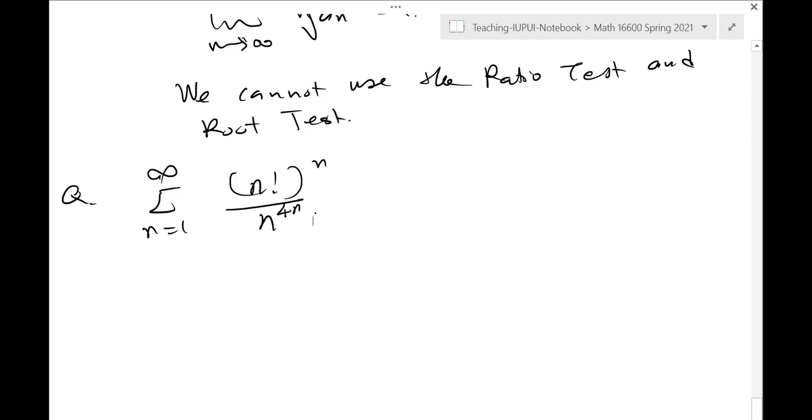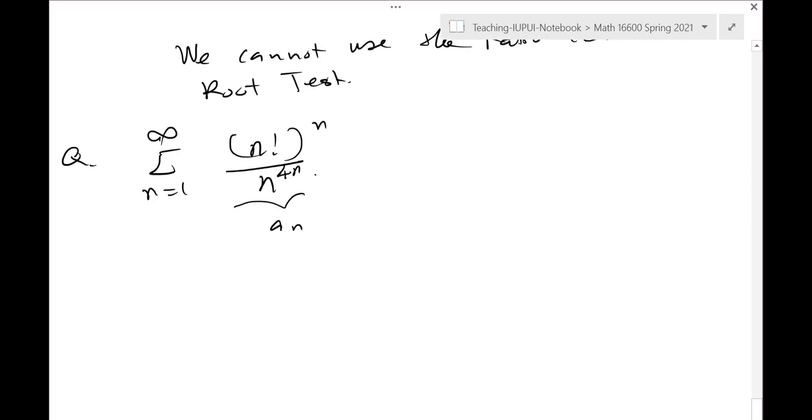But if I use the ratio test, then I have this nth power here, so this is my a_n. It's very complicated if I change n to n plus 1. So I'm going to use the root test first. Usually I don't want to use the root test when I see n factorial, but this is a special time. This series is so special because there's a power n there.